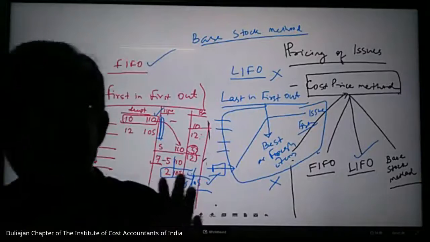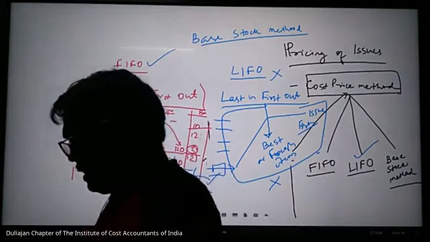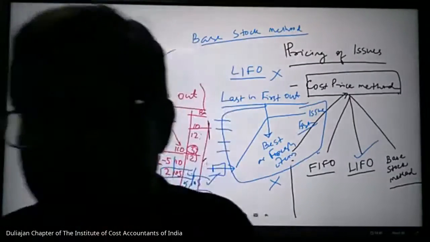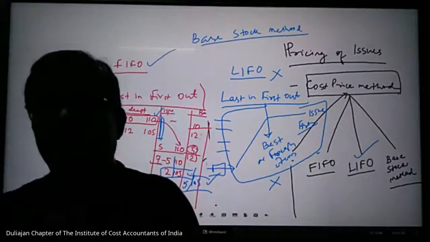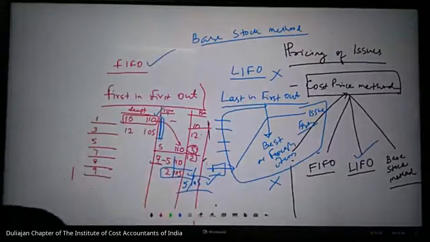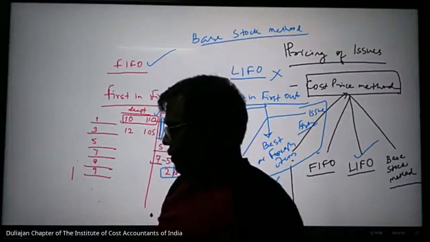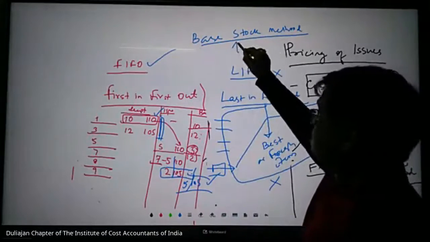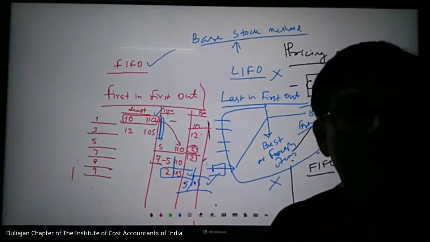Always I am keeping a stock of the minimum stock. Why am I keeping that? For meeting my emergency requirements. This may be required for my emergency requirements, so I am not issuing that. The minimum stock is known as the base stock. So in this method, I am first allowing certain stock not to be issued.